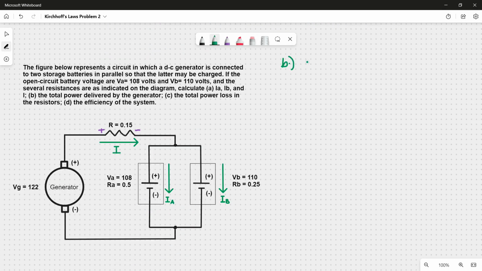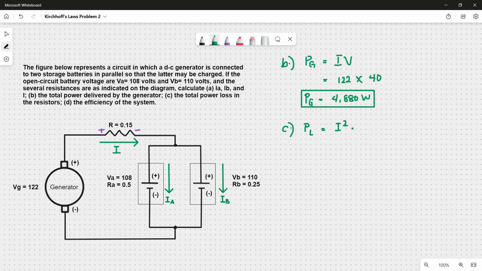For B, we are asked to look for the generated power PG using the formula P is equal to IV. That's 122 times 40 is equal to 4,880 watts. Now for letter C, that is the total power loss of each load, and so we'll use the formula I squared times R for each of the loads.